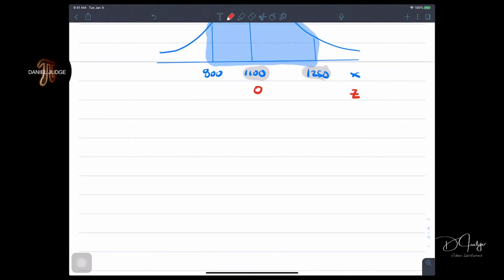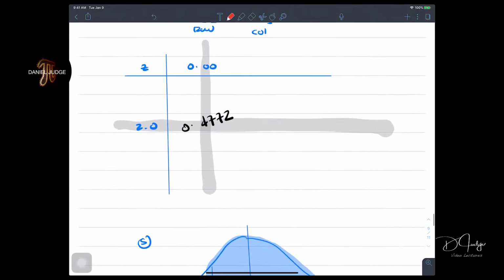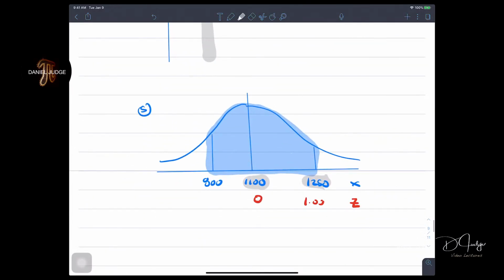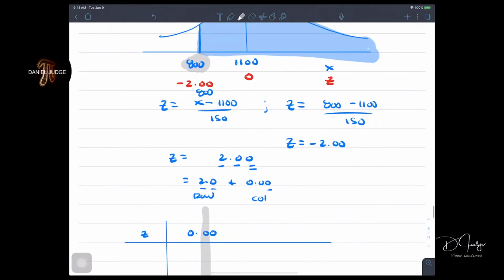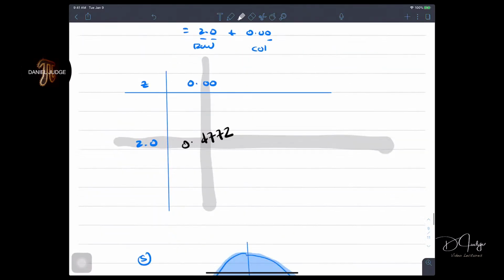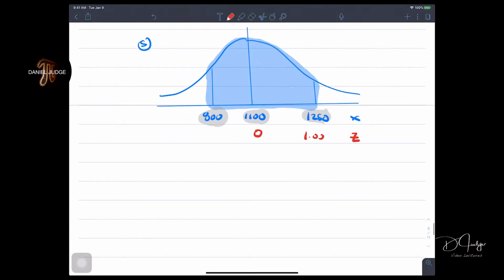And I believe we just converted 800. So what does that become when we convert it? It looks like we already did that here. It's negative 2.00, right?